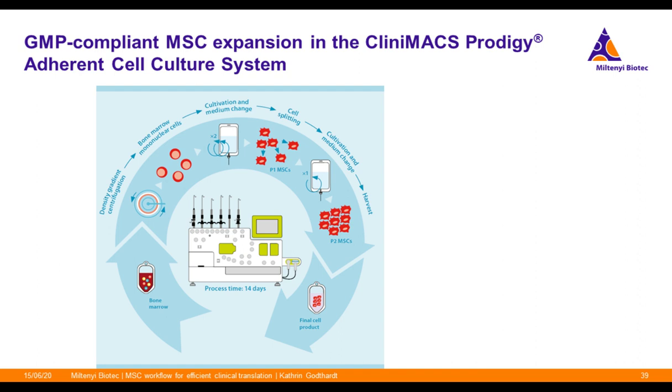So showing now here in more detail the GMP-compliant MSC expansion workflow using the CliniMACS Prodigy adherent cell culture system. Everything starts again also here with the bone marrow, and the whole process then is automated within the machine. So having the density gradient centrifugation, seeding of cells, media change, harvesting, and seeding again in different external cell culture vessels, up to the last harvest of the target cells.